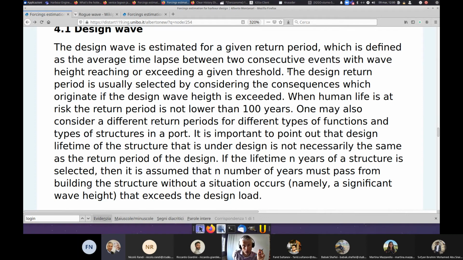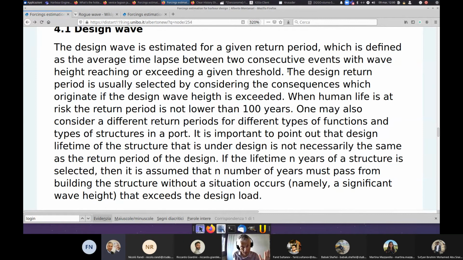For many structures in engineering, the design return period is regulated by existing regulations, law in force, or at least by existing guidelines. And you may assume that the return period of a structure is equivalent to its lifetime, but it may be also different.